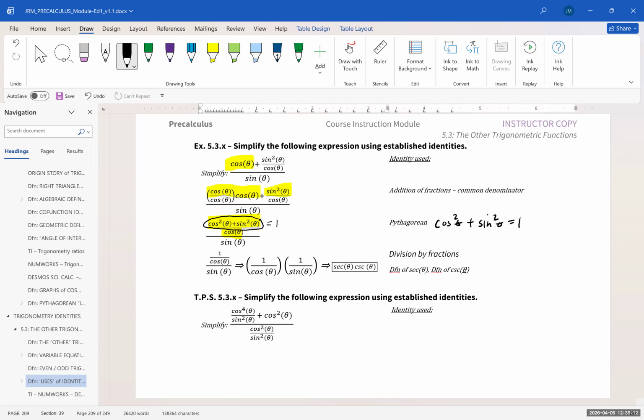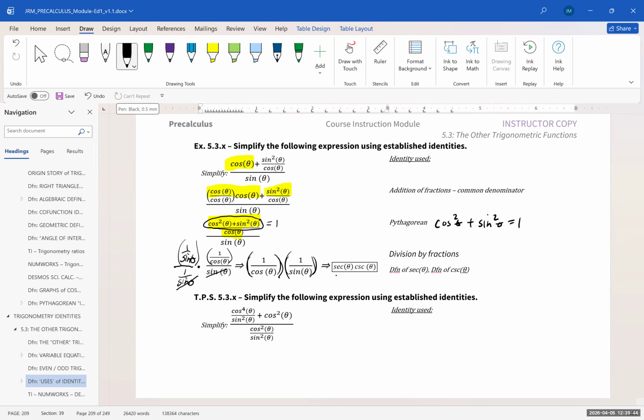And to make it so that we're not dealing with a fraction anymore, we can take this sine theta and multiply top and bottom by its reciprocal, like that. And so sine theta will cancel with sine theta. What we have left is 1 over cosine theta times 1 over sine theta.